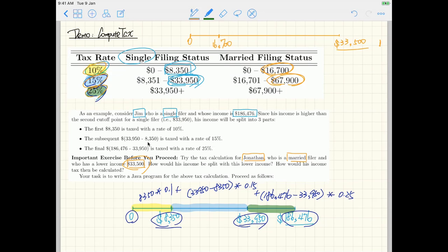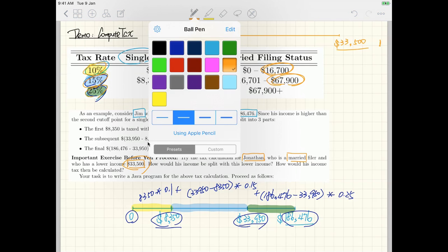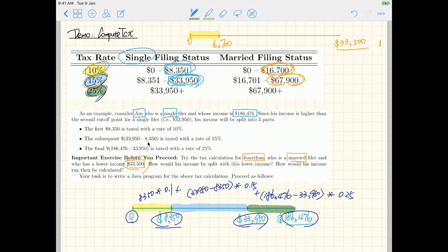The first part is from 0 until the first cutoff point, which is here. The second part, let me put also in blue, is from the first cutoff point until Jonathan's income, only blue. So there's no green part. You really have to see how large the user's income is, depending on their filing status, and the cutoff points.